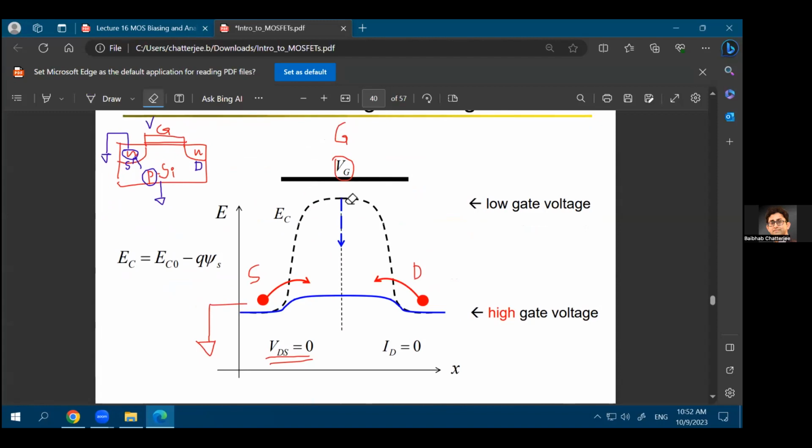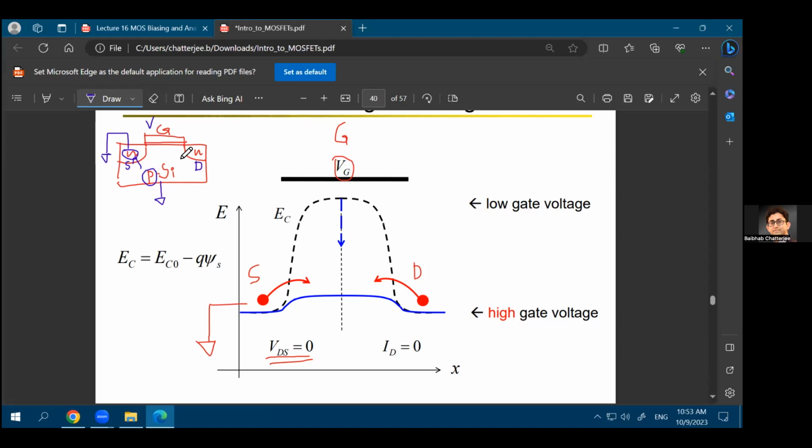As you're applying a gate to source voltage, the height of the hill comes down. That's the only thing that we have discussed till now. But VDS, or the drain to source voltage, is still 0. And if the drain to source voltage is 0, you'll not have any kind of current flow. Because the current flows from the drain to the source region for the N-type MOSFET, or the electrons flow from source to drain, so the current will flow in the opposite direction.